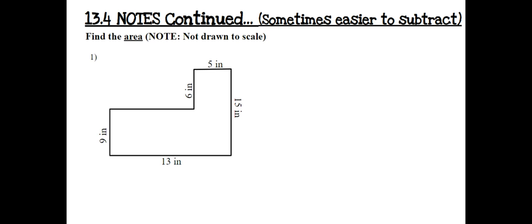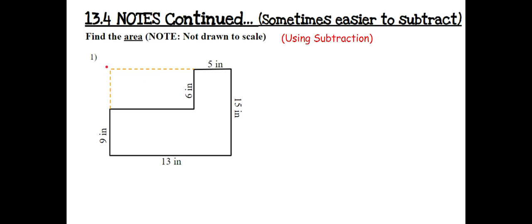But sometimes it's only possible to find the area of a composite shape by subtraction. So I need to show you how to do that in case a problem arises where it's only possible to do it with subtraction. How we do that is we pretend that it was this whole entire rectangle right here, and then we just subtract out this part right here that isn't actually part of the shape.